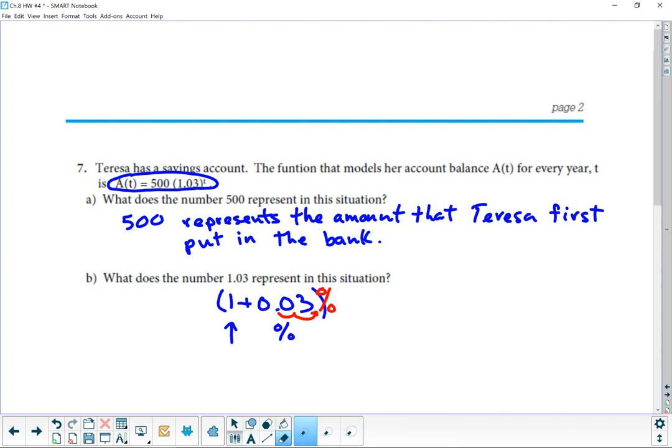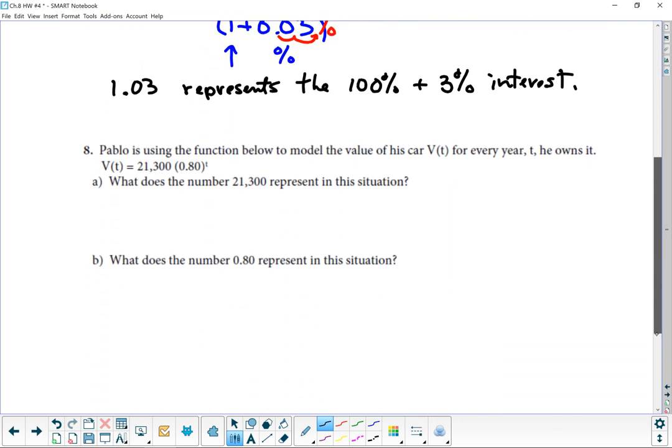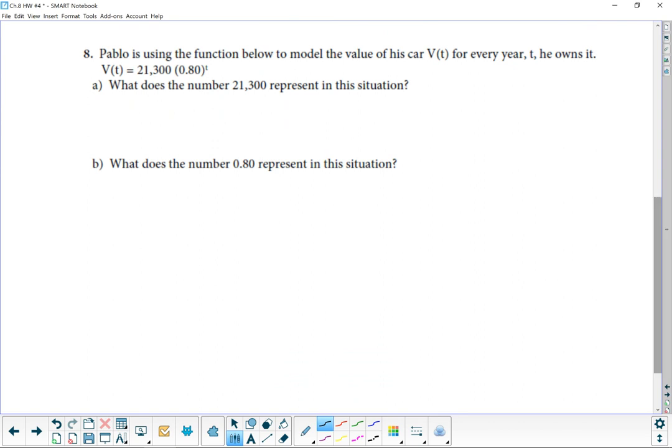So what does the number 1.03 represent? 1.03 represents the 100% plus the 3% interest. Okay, same thing. Pablo is using the function below to model the value of his car for every year t he owns it. So same kind of idea.